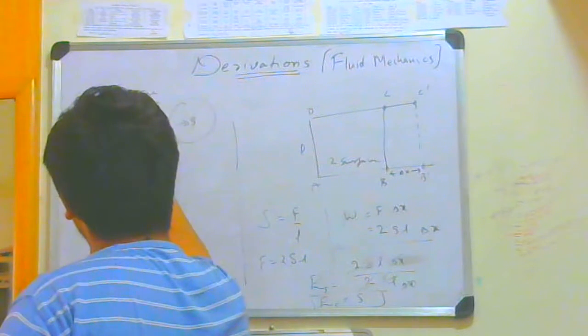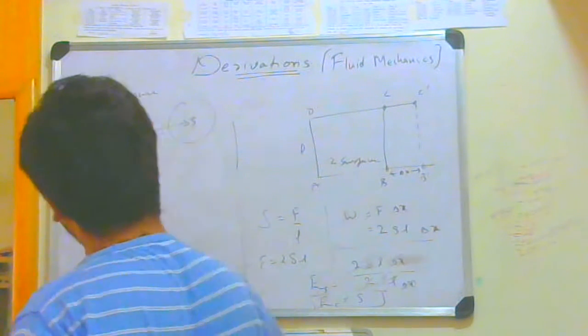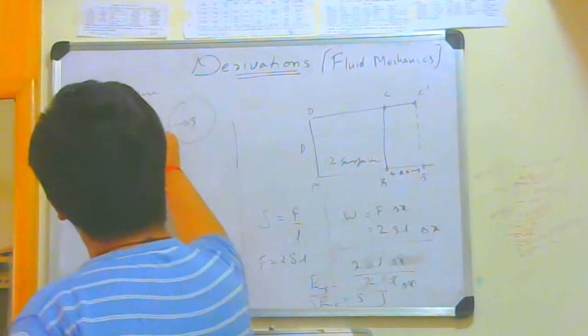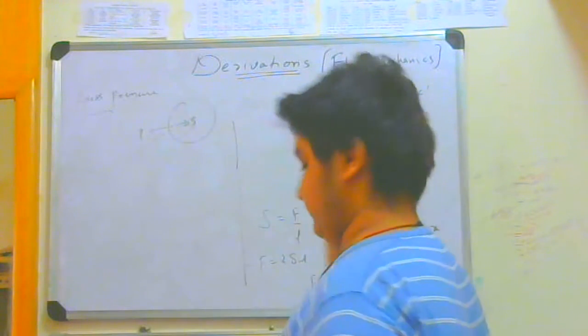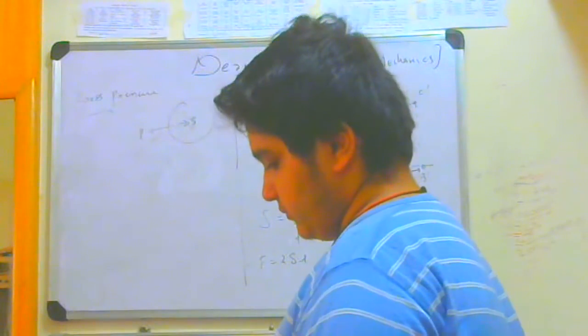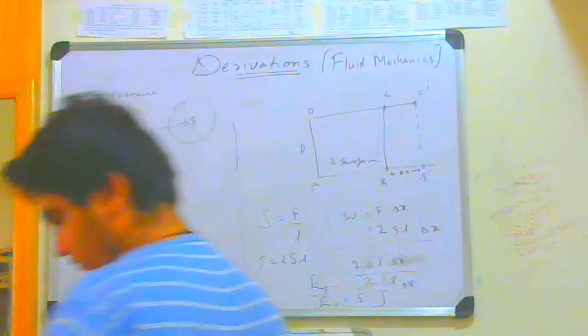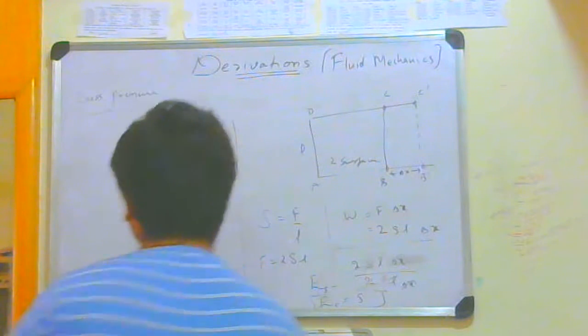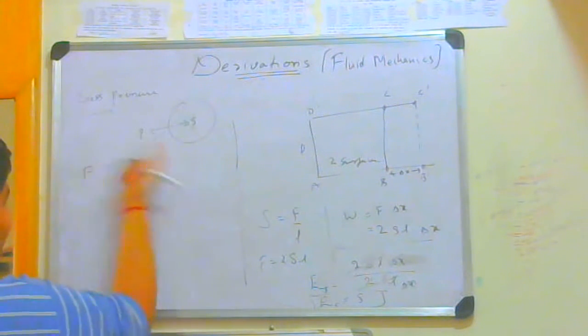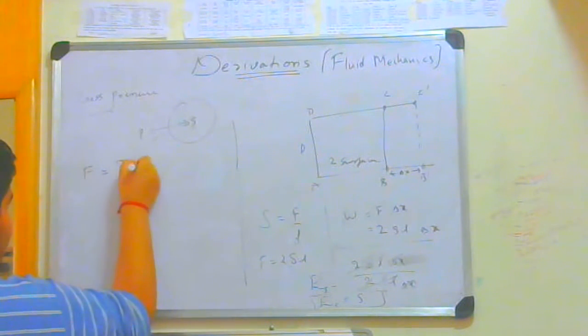Excess pressure P. नहीं दिखाई दे रहा, मुझे क्लियर ना? ठीक है. So what is this force F pulling it outwards? That is equal to pressure into area.